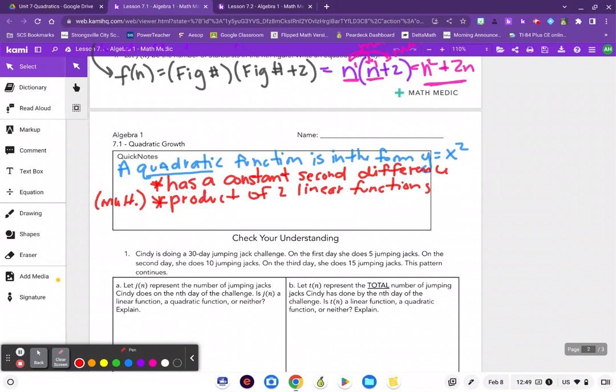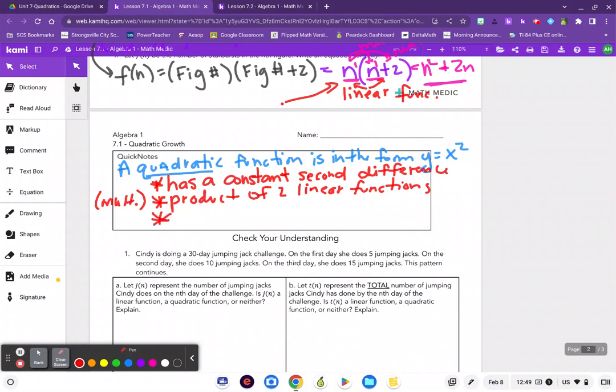Now, I still have this up here, and this n is a linear function. It's of that form y equals mx plus b, and n plus 2 is a linear function, because again, it's in that form y equals mx plus b. A linear function is when that exponent on the variable is 1. We don't typically write it. And so if I'm multiplying 2 lines together, I get this x squared, this quadratic function.